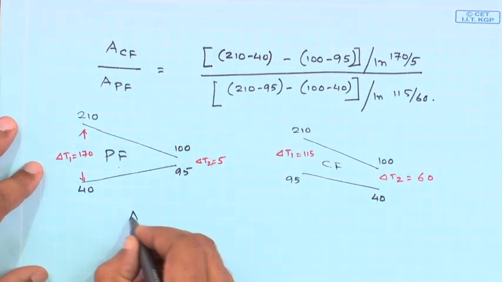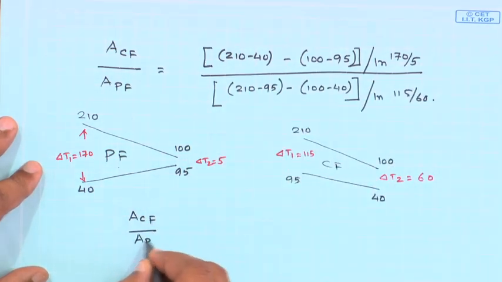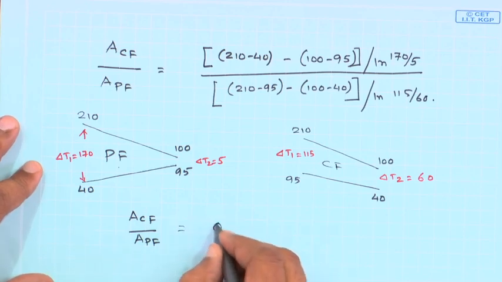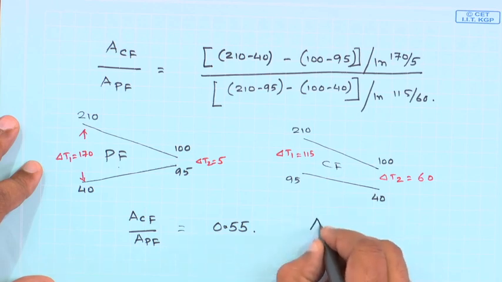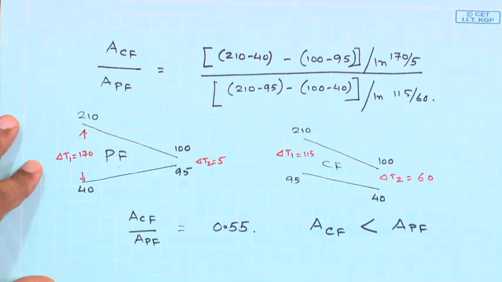So, when you evaluate this ratio, ACF by APF, counter flow by parallel flow, would turn out to be 0.55. Which simply shows that the area required in counter flow is less than the area required for parallel flow.